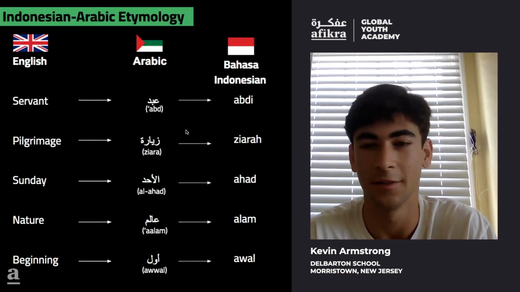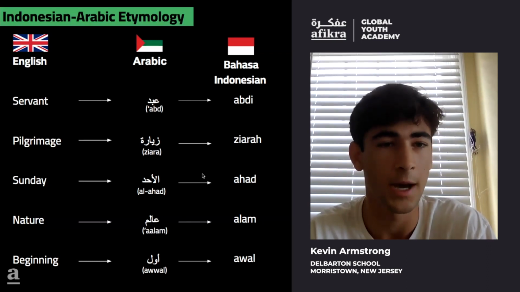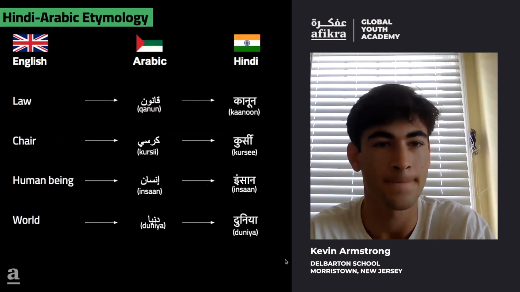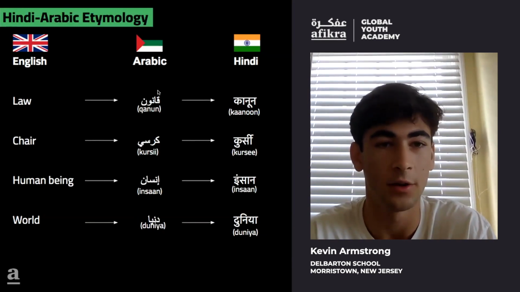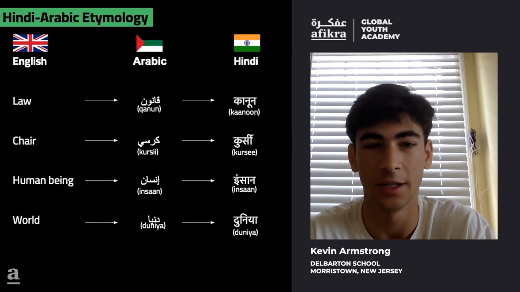Sunday is al-ahad. And in fact, all the days of the week in Arabic are the same in Indonesian. Nature is alam, and beginning is awal, or start, and all of these are the same in Indonesian. Then in Hindi, covered most of these already, but law is qanun, chair, kursi, and the same in Hindi.